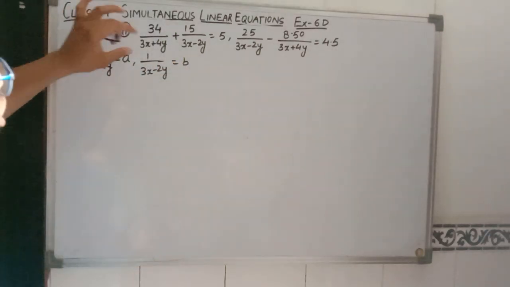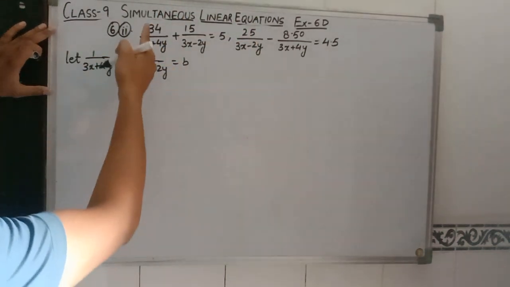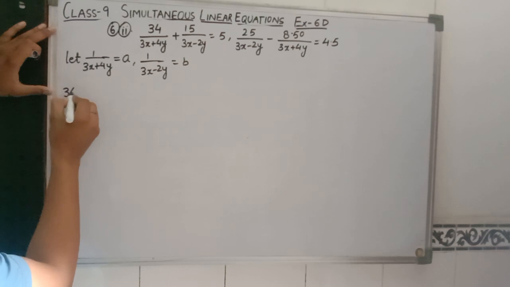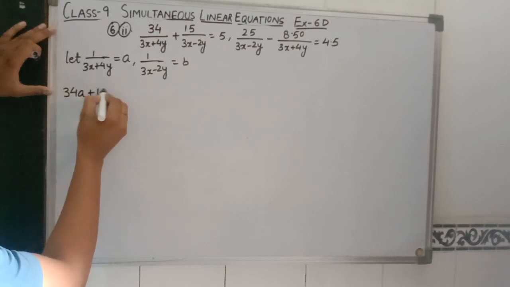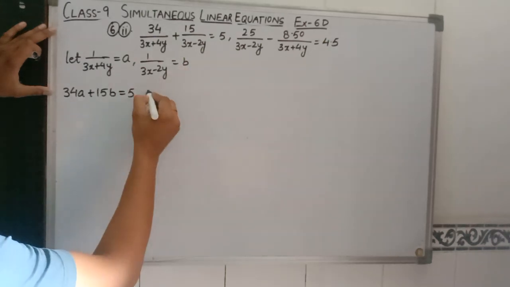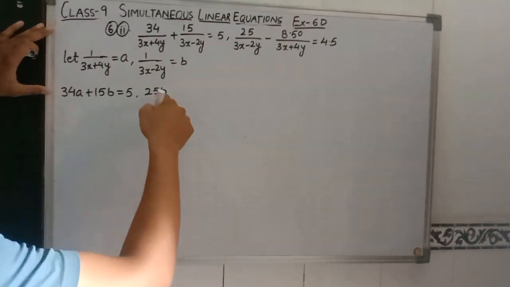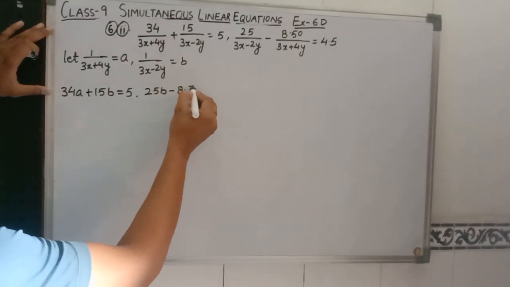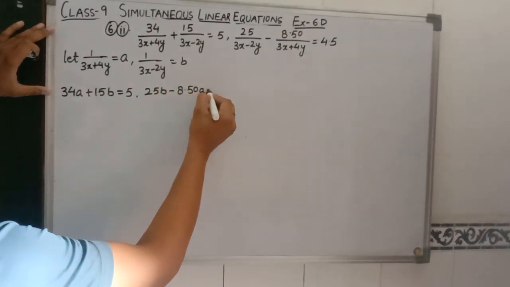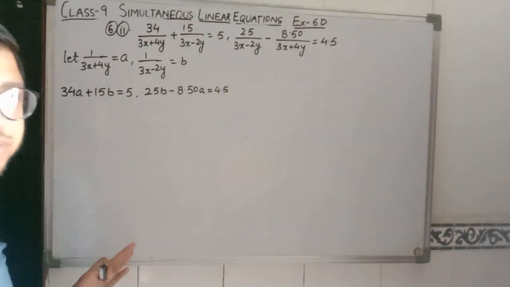Now be careful because the terms are written in the wrong order, not in the same manner. So the first equation will become 34a plus 15b is equal to 5 and the second equation will become 25b, because 1 upon 3x minus 2y is b, minus 8.50a is equal to 4.5.